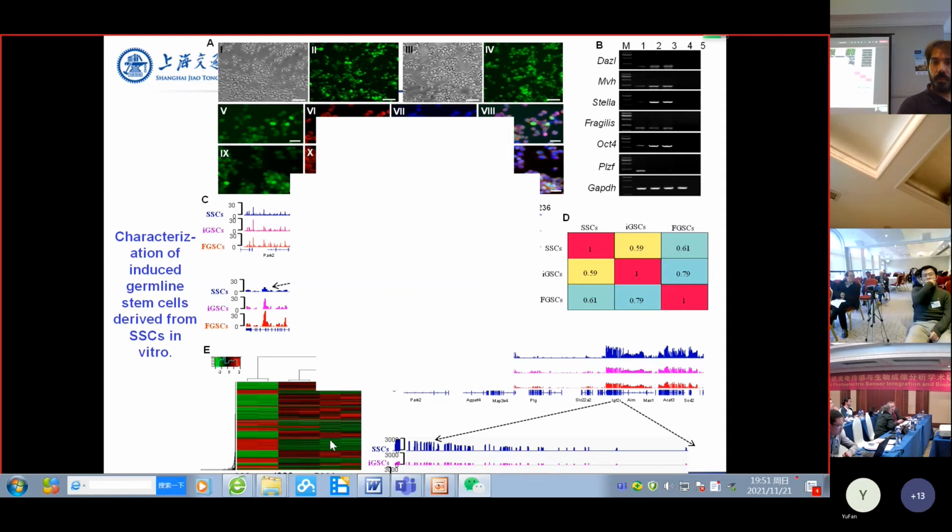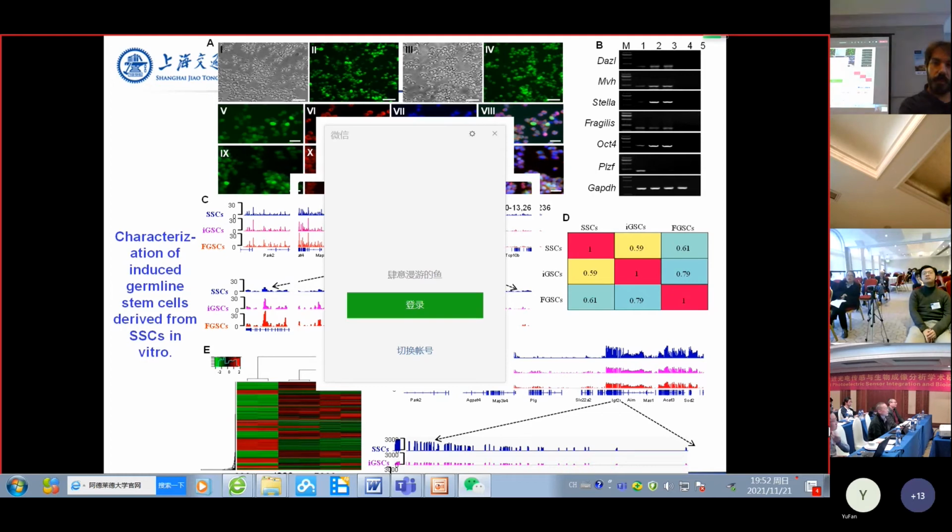For the transcriptome sequencing, we can also see IGSC is in the same cluster as FGSC, with a big difference from SSC. This is the example.